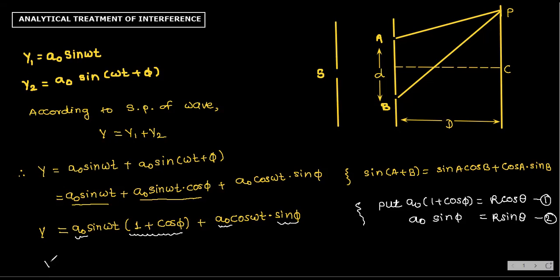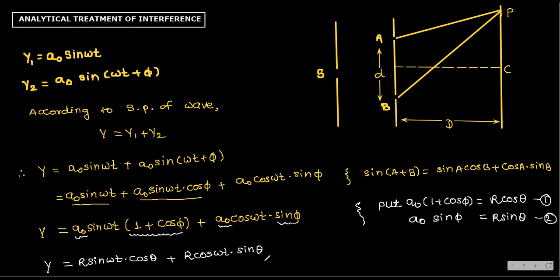So y is equal to r sin omega t into cos theta plus r cos omega t into sin theta.